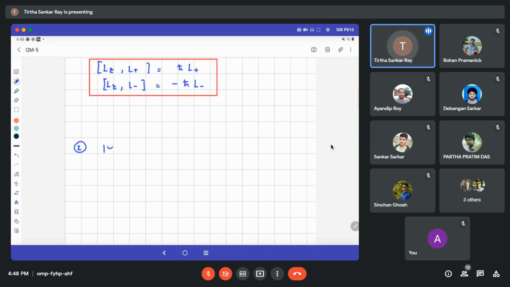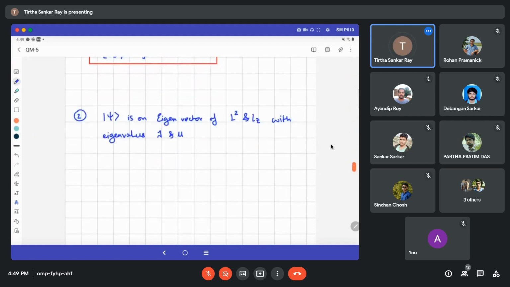Let's say that psi is an eigenvector of both L square and Lz with eigenvalues lambda and mu. Then we want to look at what is the total angular momentum of the state given by L plus times psi.